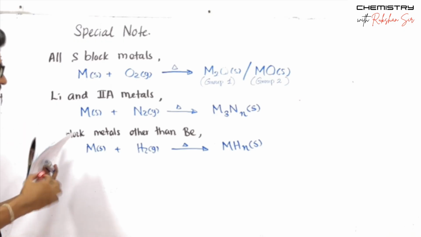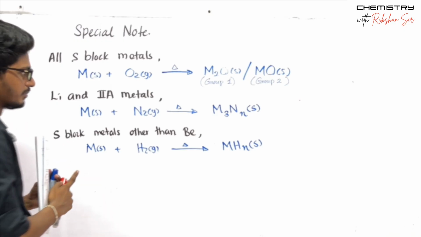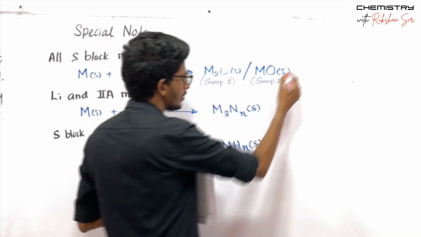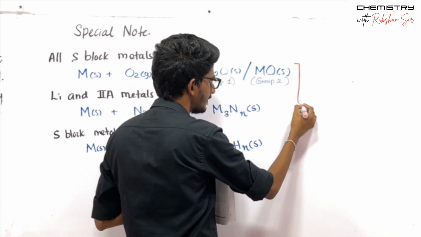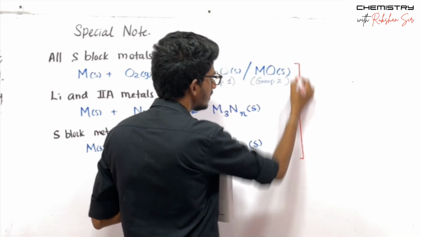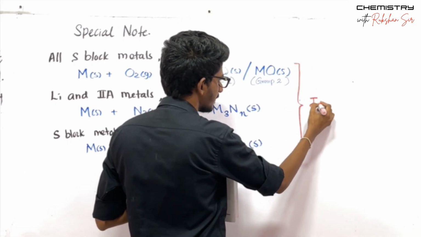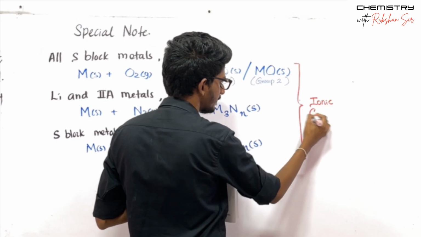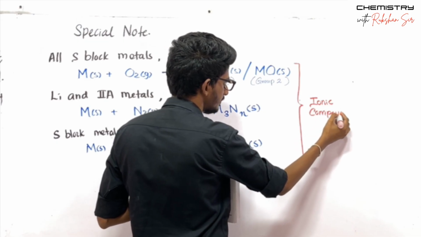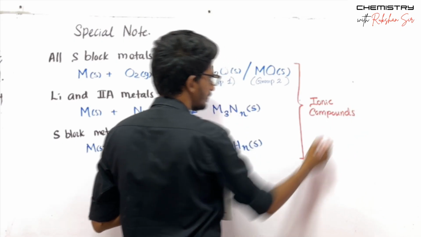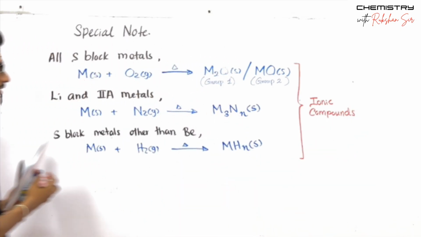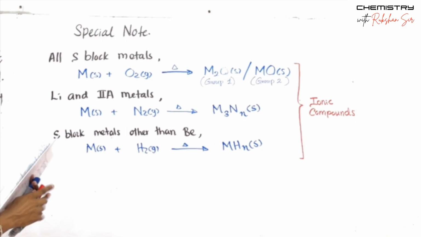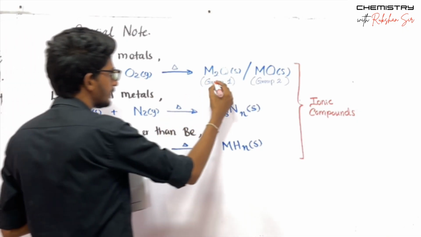The special thing is that these are ionic hydrides. All of these are ionic compounds. The oxides, nitrides, and hydrides are ionic compounds, right?